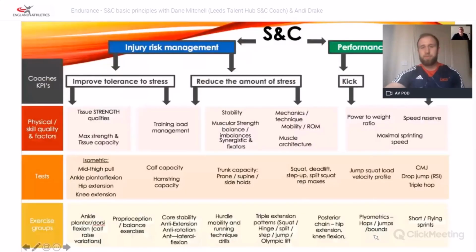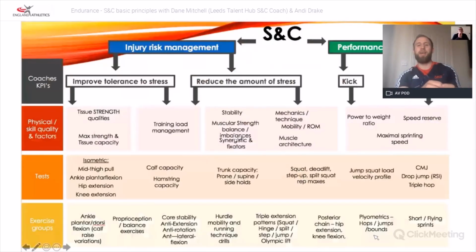Cool. So this is my strength and conditioning for distance runners performance model. I'm not sure if you can quite see the full slide. I can't see the top green box, but I see strength and conditioning as two main things really. We've got injury risk management on one side.